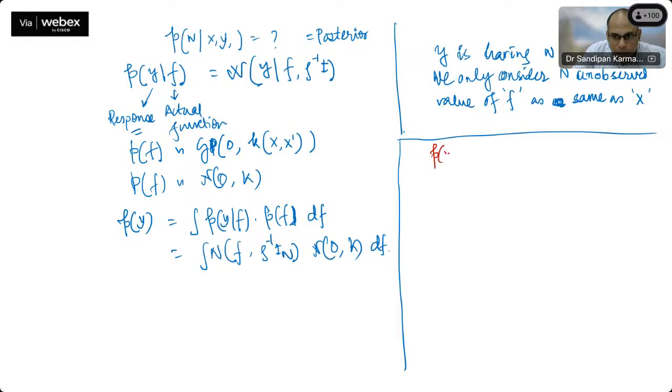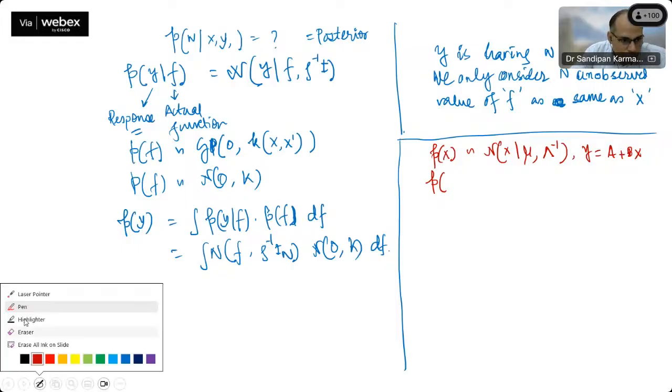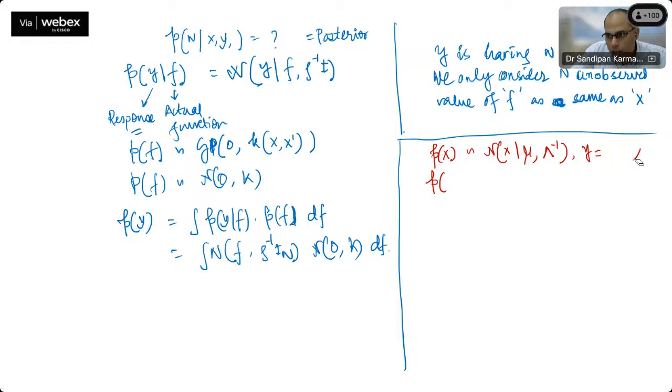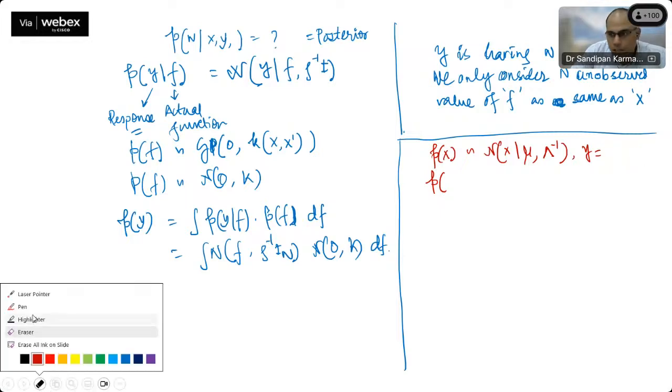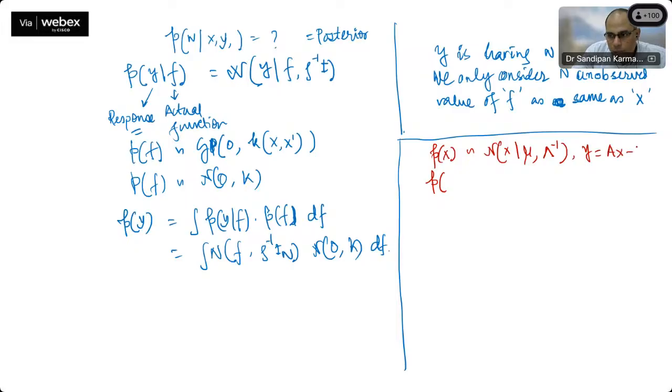So p of x follows a normal distribution of x with mean mu and variance gamma inverse, that is, precision gamma. And I have a relationship between y and x, that is y equals ax plus b.